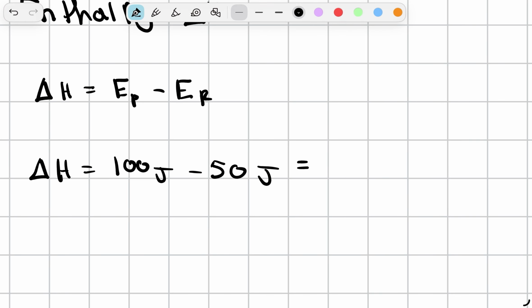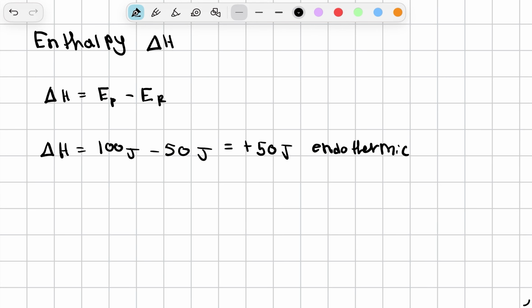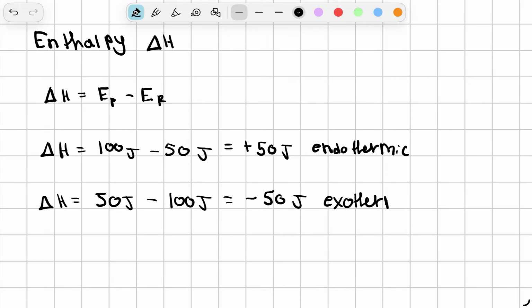The answer is positive 50 joules. So this is endothermic. Okay? But if our reactants were 100 joules and our products were 50 joules, well, then we get negative 50 joules. So this is exothermic.